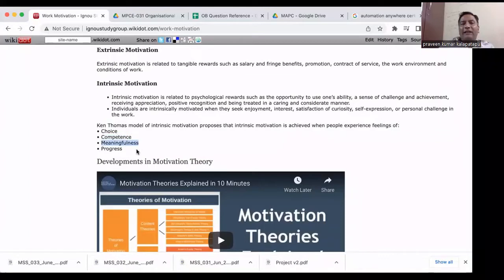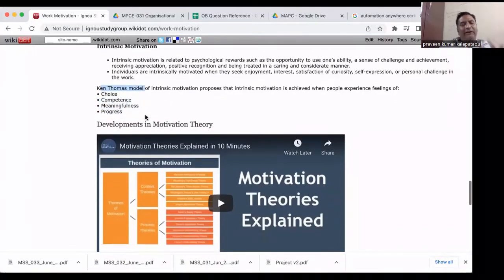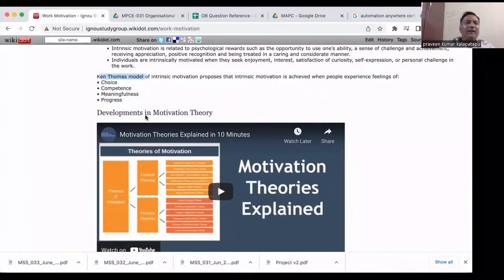You have meaningfulness. You think that doing that really adds value to your life, right? And progress. You feel that doing that is going to make you progress as a human being or within the job or whatever it is. These are the aspects which could come when intrinsic motivation is achieved. So this is actually Ken Thomas model of intrinsic motivation. Okay.